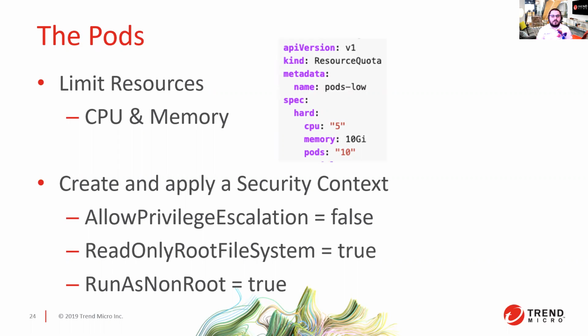And just like containers, you have to limit the resources, the CPU and memory, otherwise the pods can start consuming all the resources available on your node, leaving the other pods with performance issues, and possibly causing a denial of service on the node.